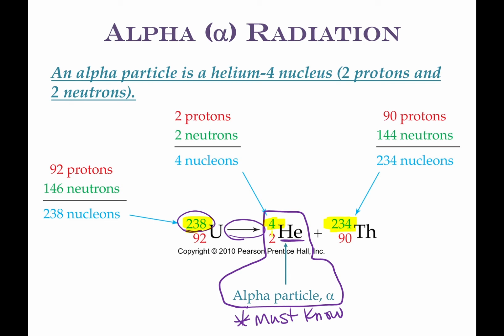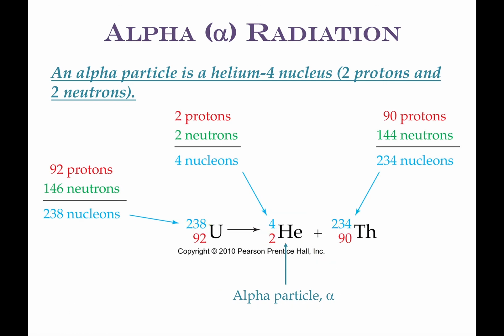So if we subtracted 4 to get that helium nucleus out, we must end up with 234, because 238 minus 4 gives us 234. So we know our product is going to have a mass number of 234.